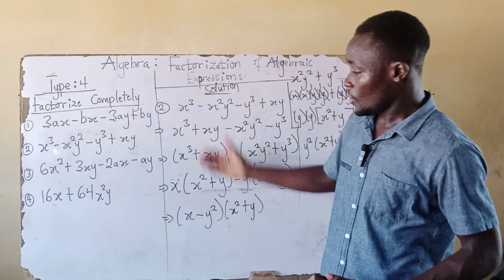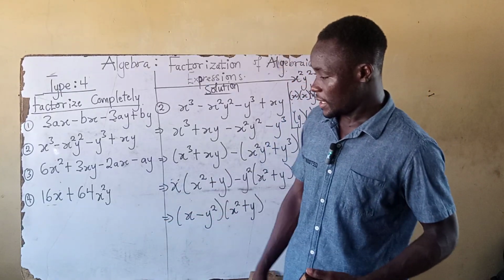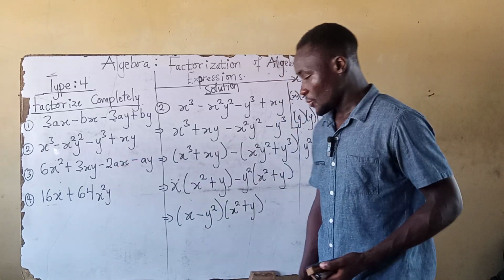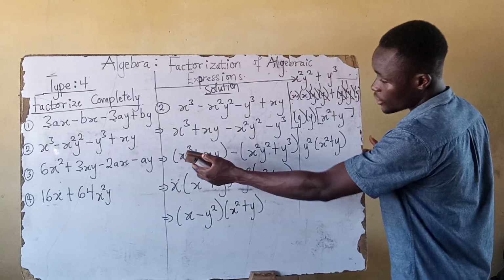Alright, so we are going to end our task here. It's now left with question number 3, question number 4. So let's take our time to go through question number 3 also. Then after we will lead you through all the way to question number 4. So let's do question number 3.